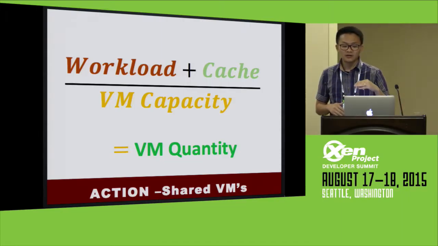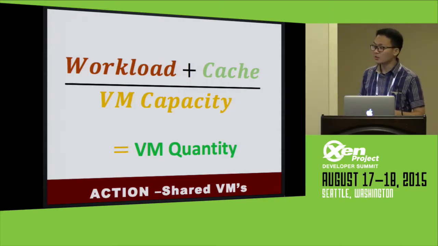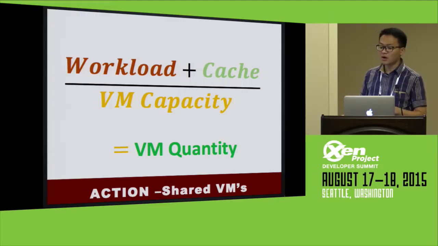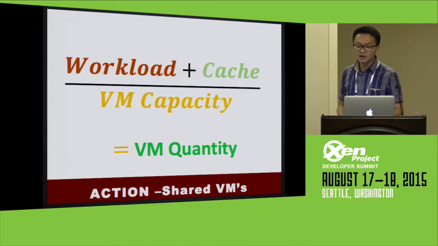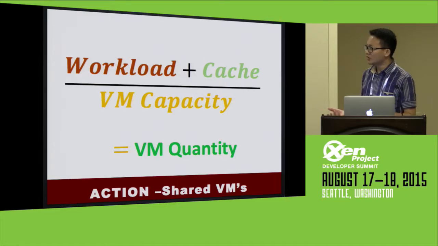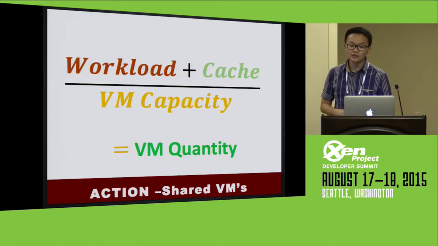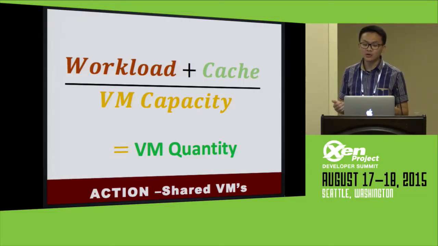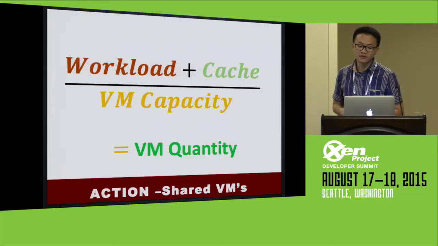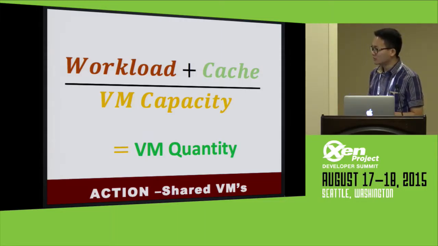The cache here is to handle the bumping up of service, which is required in the system. And the VM capacity is how much workload can be taken by each VM. So when we add the workload with the cache and divide by the VM capacity, we get the VM quantity.